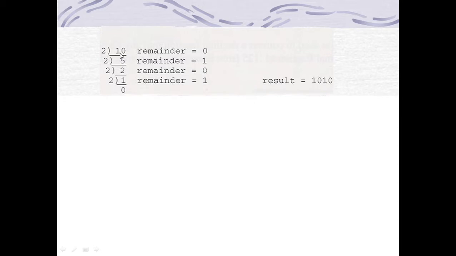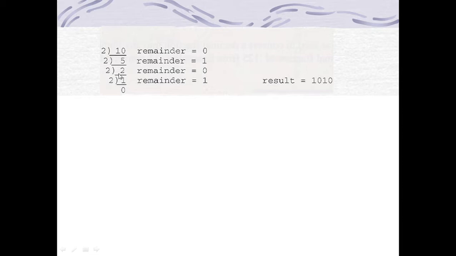As the target system is binary, which is base 2, we divide this 10 by 2. We get the first quotient 5 and the first remainder 0, and this 0 would make the least significant bit on the left hand side of the decimal point. Then, as this 5 is not 0, we continue the division by the base 2, and we get 2 as the next quotient and 1 as the next remainder. 2 is not 0, so we continue the division.